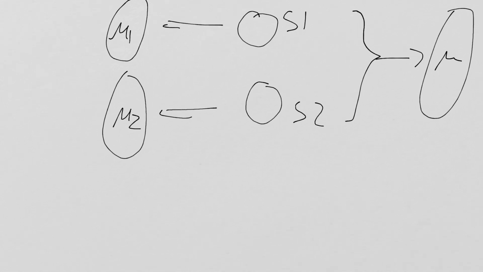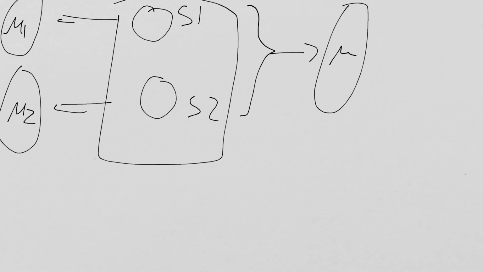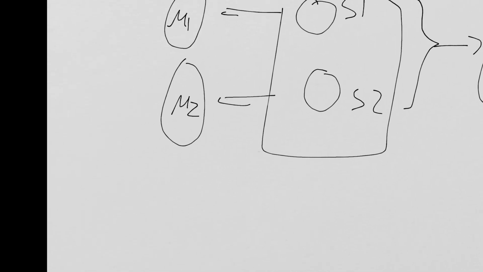So what we could say is, as a starting point, we have two samples here. One thing is, they represent the same population parameter.